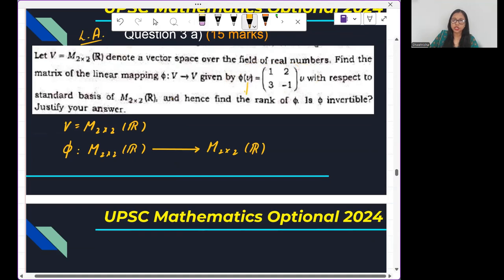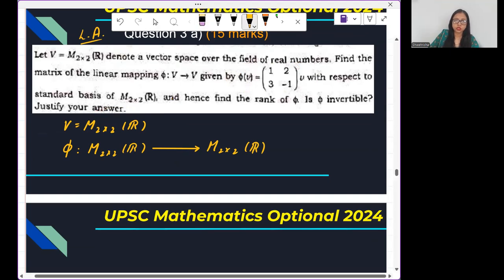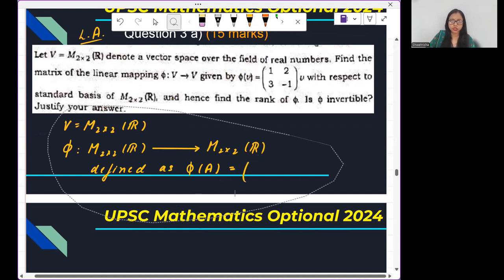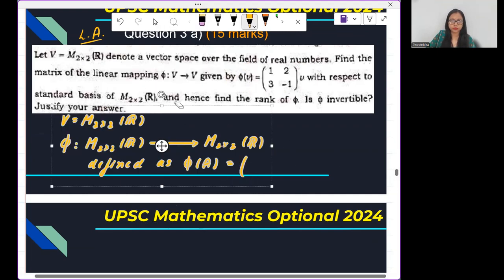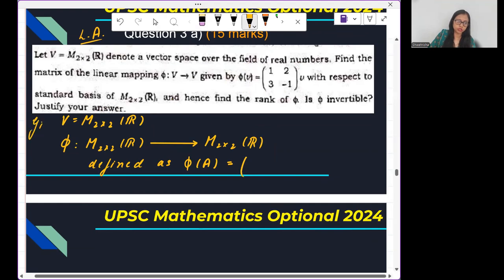V is actually a vector in this matrix, so it is a matrix. Okay. So defined as, just small v does not give an impression of the matrix representation, so I'm writing it as capital A. Okay. You can work with V also, no problem. This is all given to us.